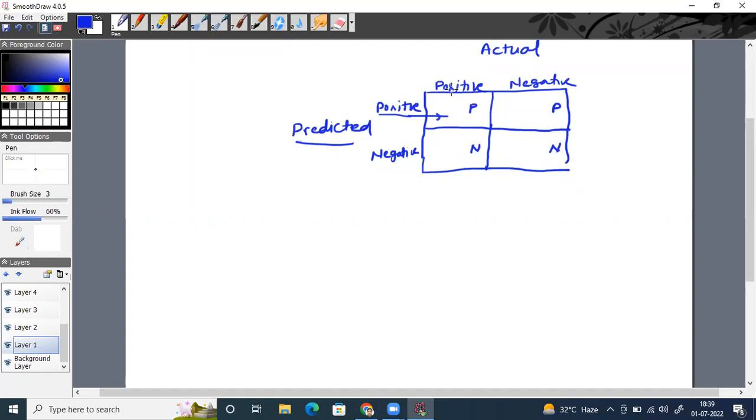Is it positive? Yes, it is positive. Both are intersecting. This will be known as true positive, because your actual is positive and the model is also predicting positive.